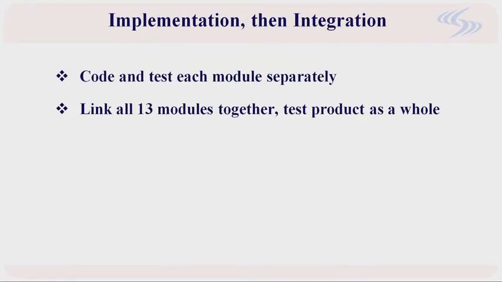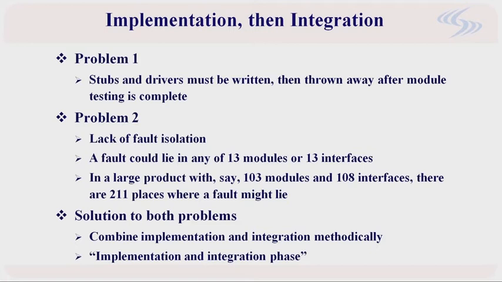So let's suppose the programmers will implement the modules first and then integrate them. That means code and test each module separately first, and then later link all the modules together and test the product as a whole. So what will happen? Problem 1.